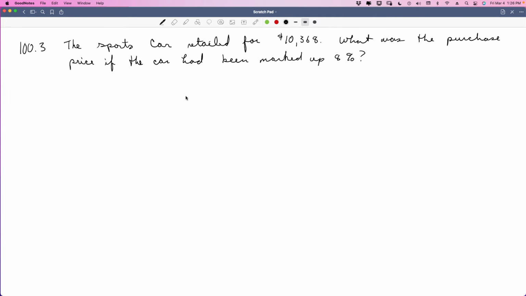All right, again, we're going to write our formula just for reference. The selling price is equal to the purchase price plus whatever the markup is. And the markup can be either related to the purchase price or related to the selling price.